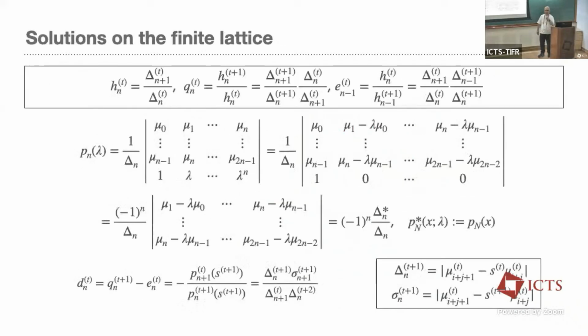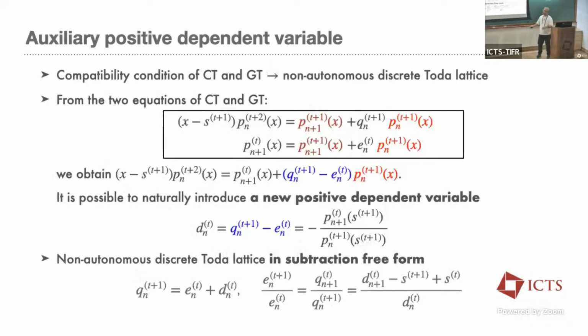And then after that, even after introducing the spectral transformation, every term should be written in this way. So h_n, q_n, e_{n-1}, everything was done because, so this expression is, okay. So q_{n+1} can be expressed with the ratio of p_n at s_t plus 1.